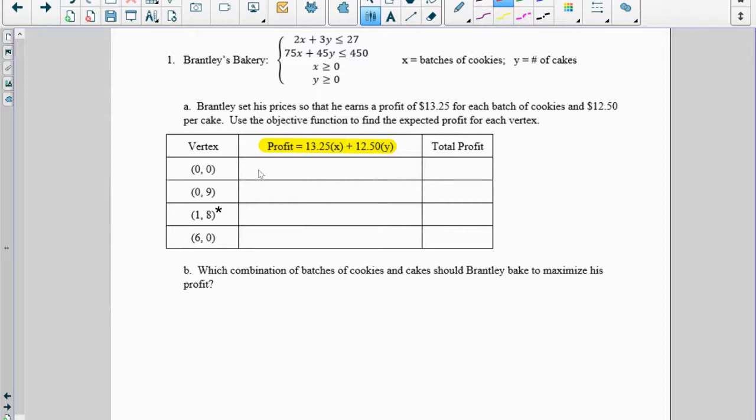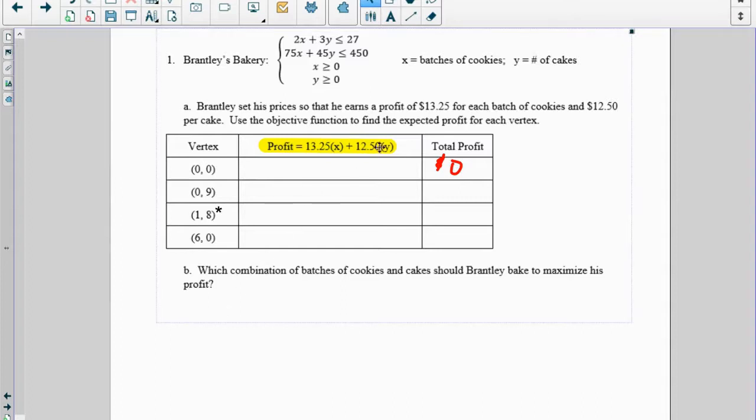All right, so first off, let's use vertex 0, 0, which represents 0 batches of cookies and 0 cakes. Well, you might be already looking at this thinking, if he doesn't make any cookies, he doesn't make any cakes, he's going to make $0. You would be correct. But just to show our work, I might type this so it looks a little better.